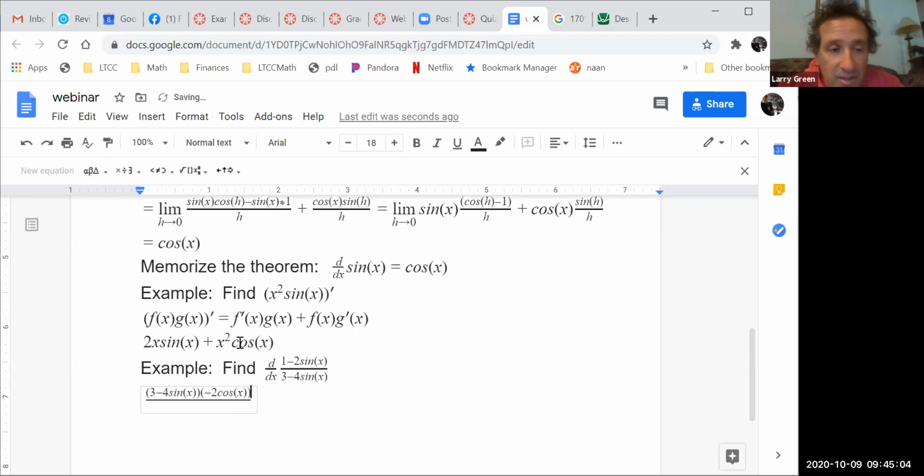If there's something you don't understand, please ask. So the negative 2 stays, and the derivative of the sine of x is cosine x. And then we're going to have minus high, which is 1 minus 2 sine x, times d low. What's the derivative of 3 minus 4 sine x? That'll be negative 4 cosine x.